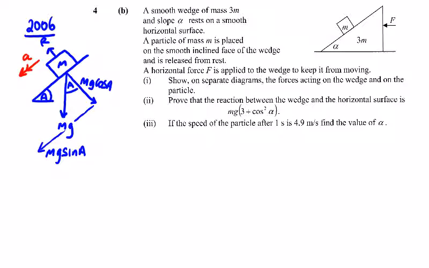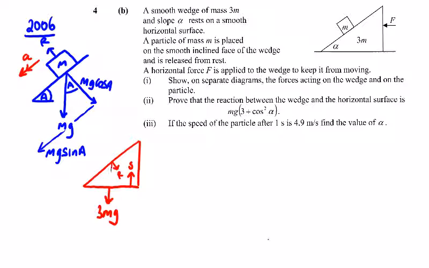So let's look at the wedge. It's 3m, so we have 3mg. We call the reaction between the wedge and the horizontal surface S. We have the R going on in this direction. I probably should make that a little bit bigger.